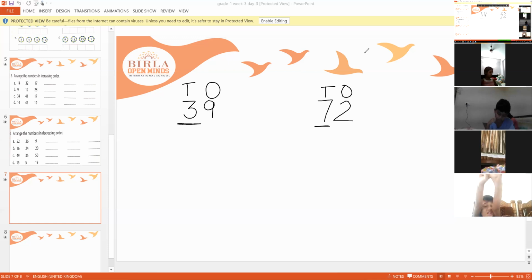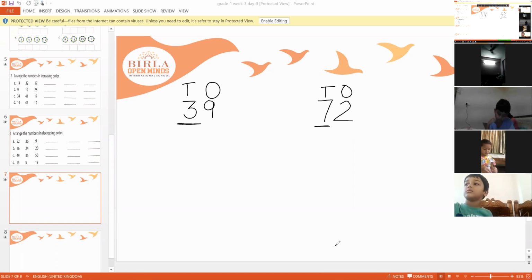And I'm repeating again, whenever we want to compare two-digit numbers, always start comparing the numbers in tens place. Okay children? So in number 39 in tens place we have 3, and in number 72 in tens place we have 7.